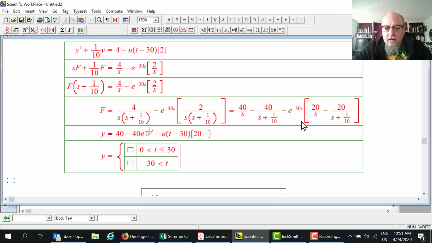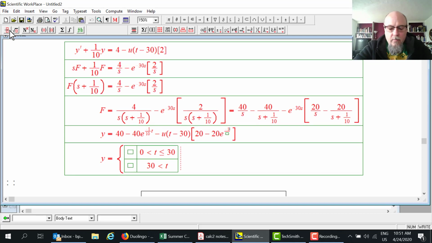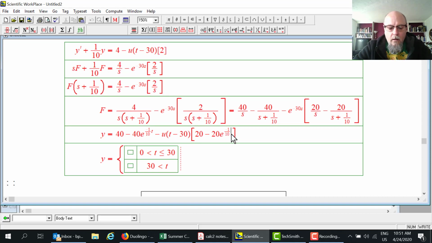Normally, the thing in the square bracket, if it wasn't multiplied by the Heaviside step, would inverse Laplace to be 20 minus 20 e to the minus 1/10 t. That's what it would normally inverse Laplace to be.